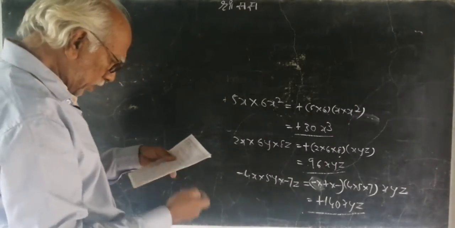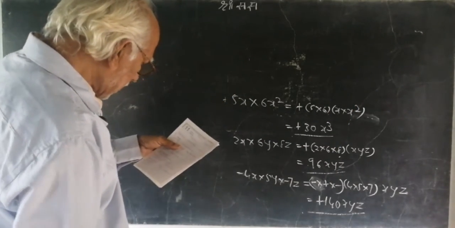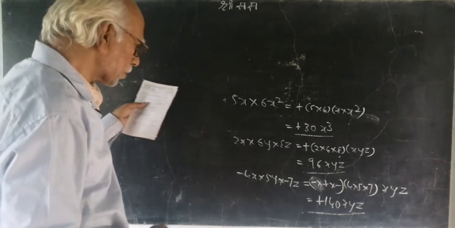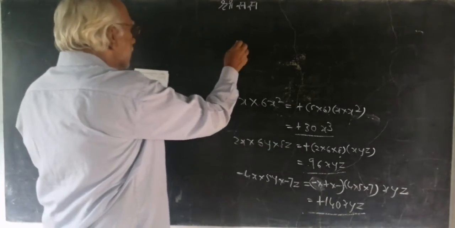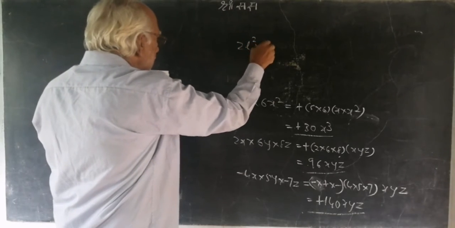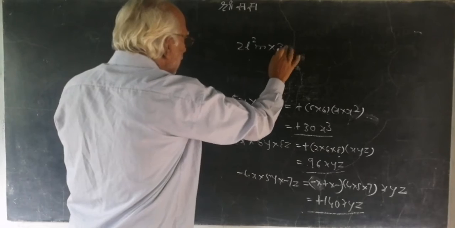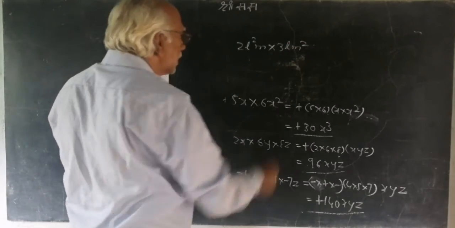Now let us move to one more sum, monomial by monomial. So that is 2l square m into 3l m square.